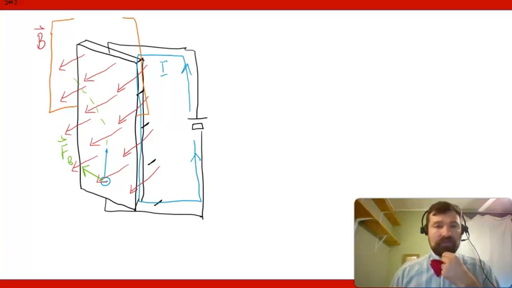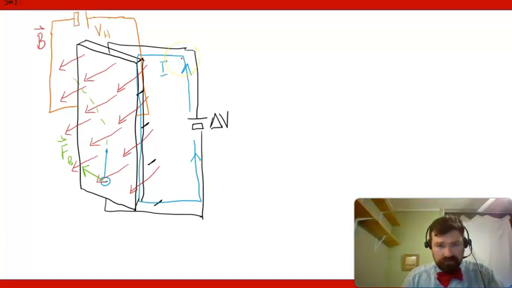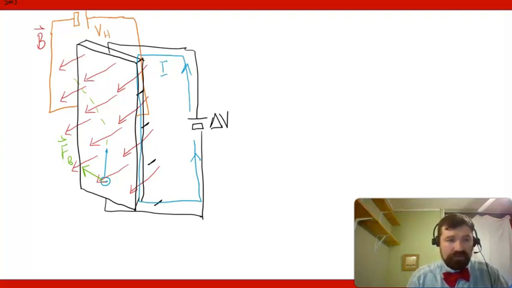So what we do is we instead apply a bias voltage. So suppose that we apply a bias voltage across this sheet like I've drawn here. This bias voltage will then apply an electric field across the sheet.